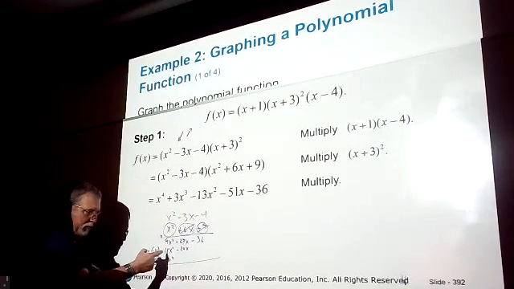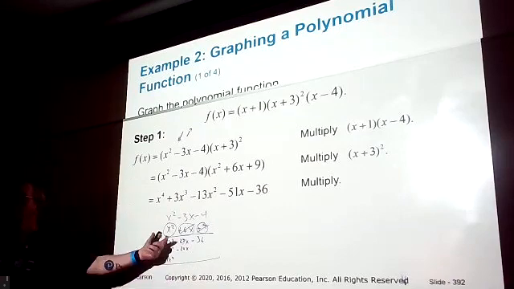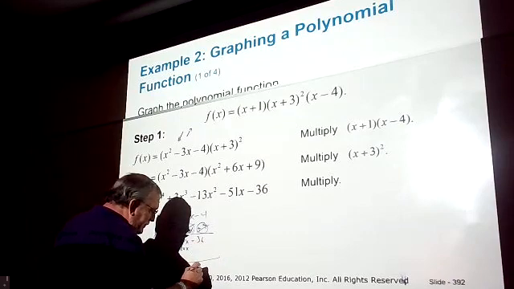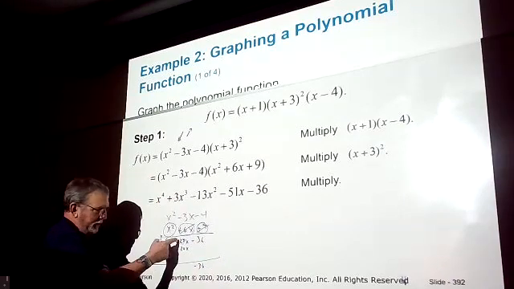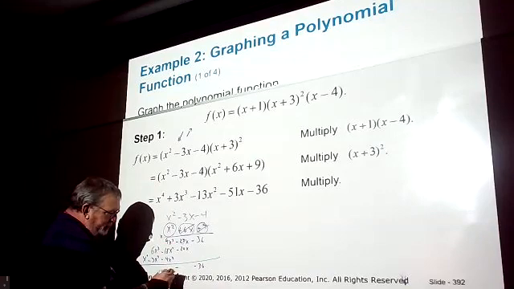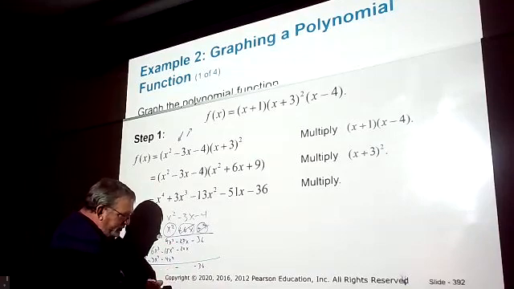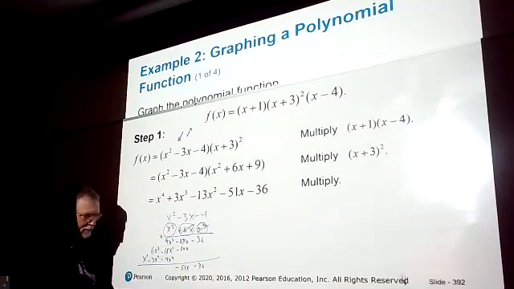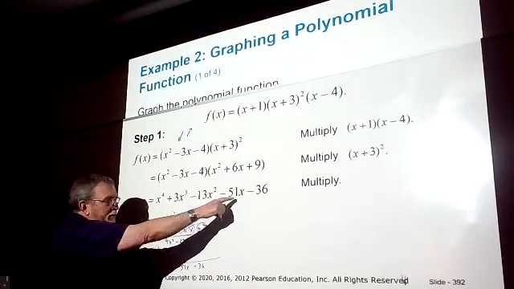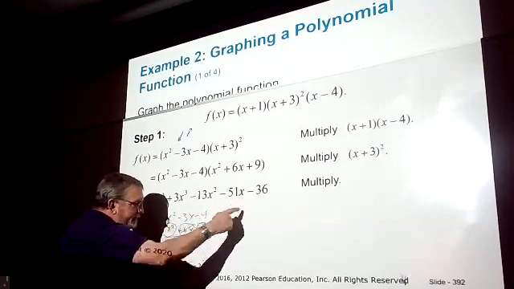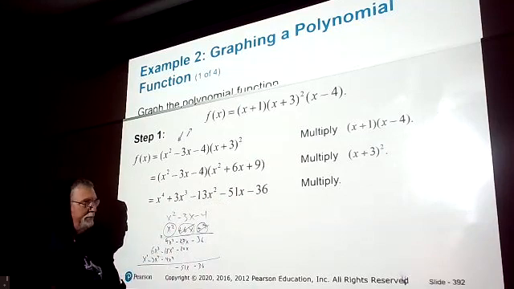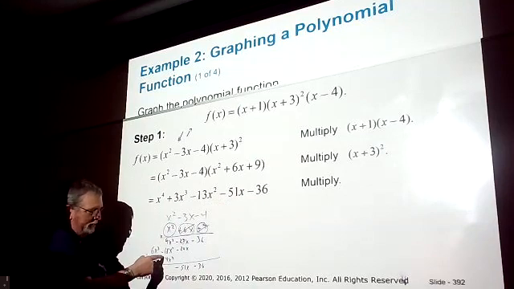Now I wrote this so that my like terms are in nice columns. There's only one constant. For the x terms, they're both minus, so I add the numbers and keep the minus sign. So that's going to be what? 51? Minus 51x. Minus 27x and minus 24x combine to a minus 51x.